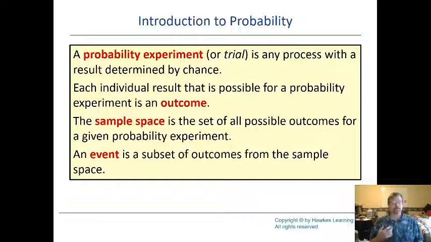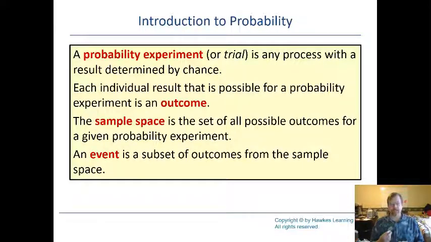A probability experiment or a trial is any process where the result is completely random. So flipping a coin, rolling dice, something like that, where the result is determined by chance. What hand you get in poker, the chance of winning the lottery, all of those.